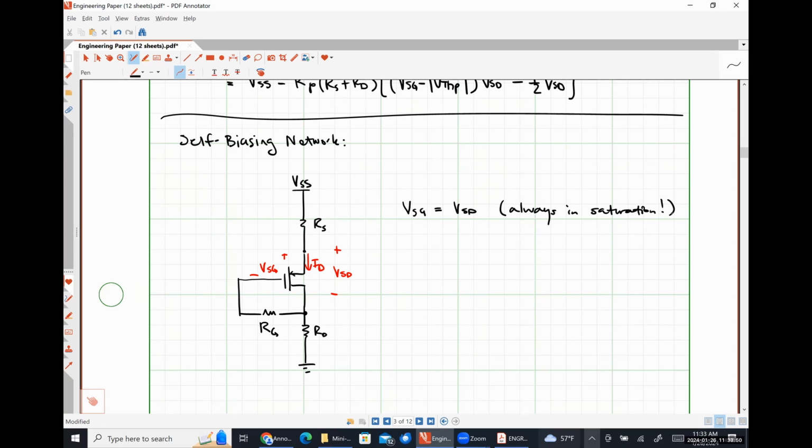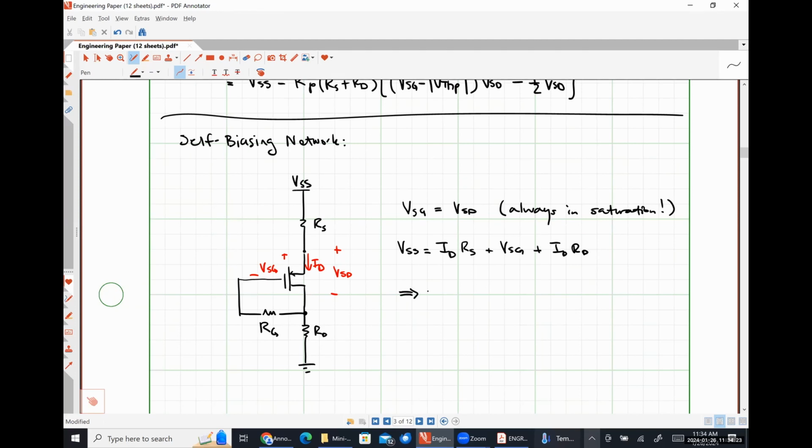So let's see here. Doing KVL around the right-hand path, we would have VSS is equal to ID RS plus VSG, or VSD because it's the same thing, plus ID times RD.